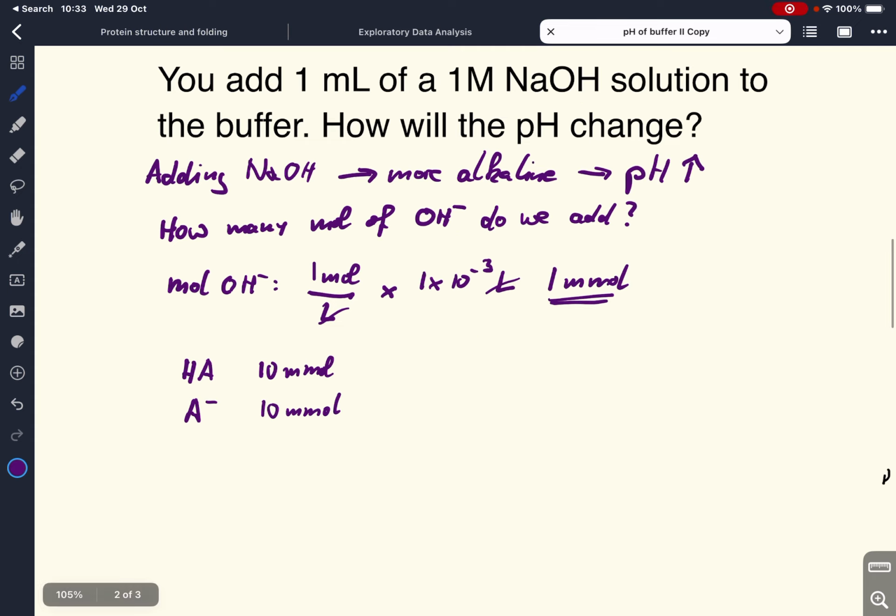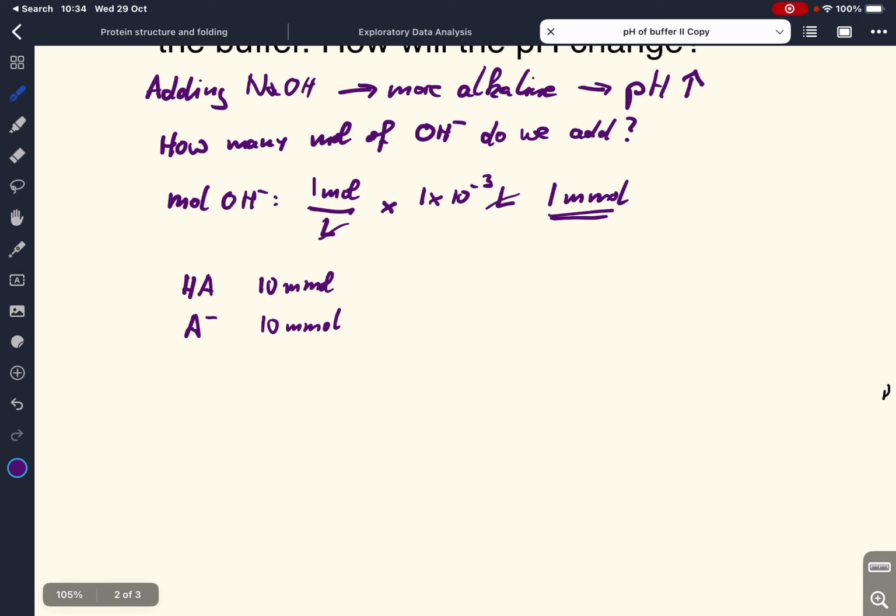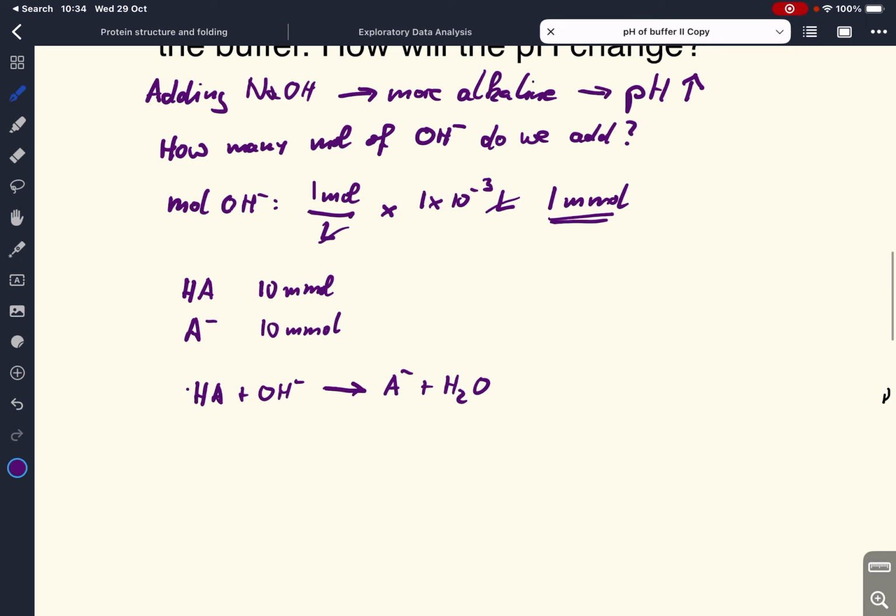Now, if we add sodium hydroxide to the acid, we have HA plus OH minus, and this would be converted to A minus plus water. So we decrease the amount of HA and we increase the amount of A minus.